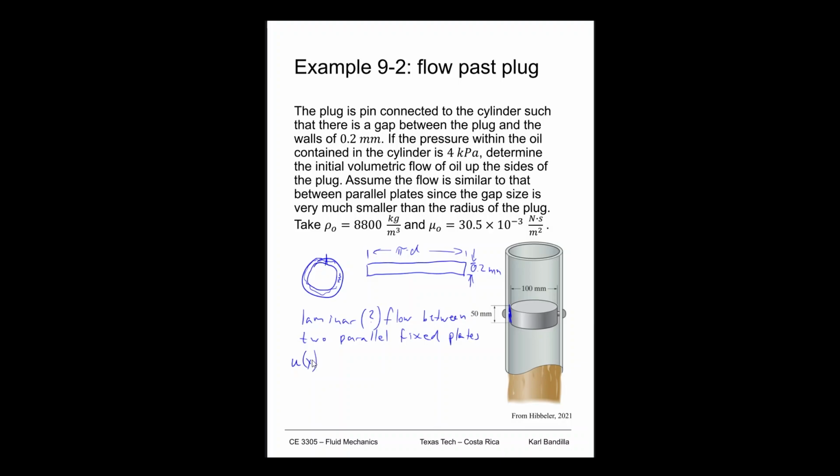It is going to be equal to 1 over 2 times mu times dP/dx plus gamma times dH/dx, and all that times y squared minus ay.